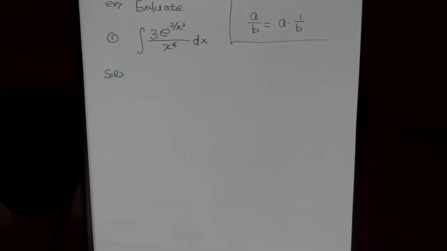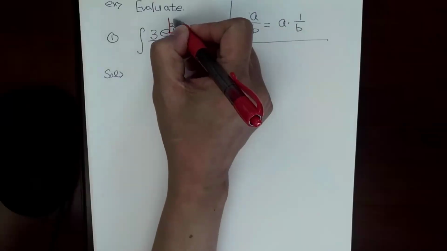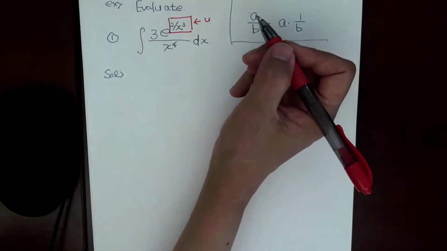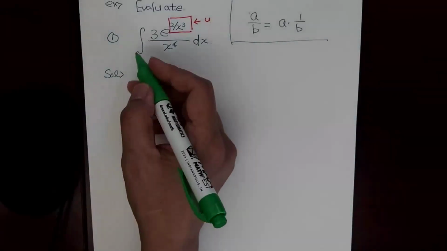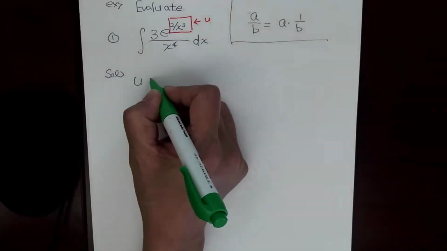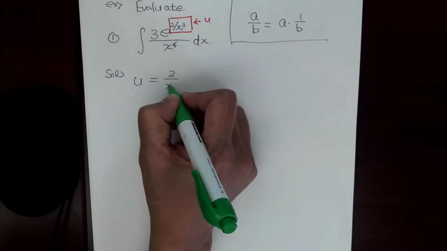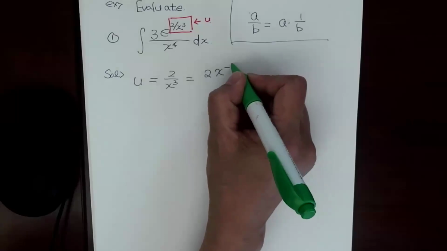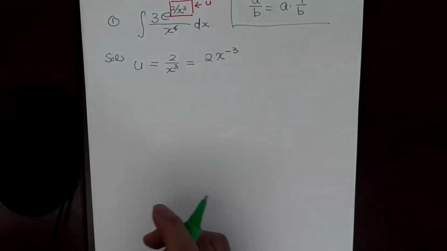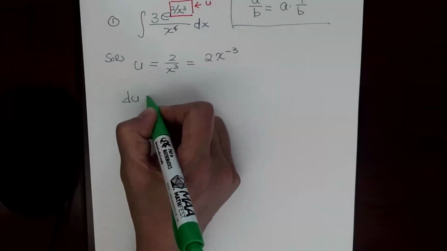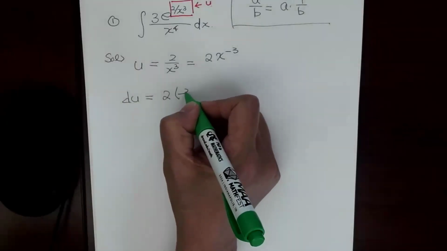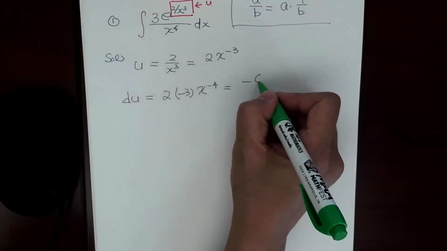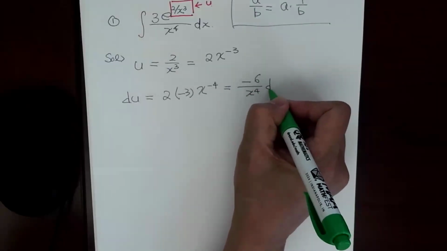So what I will do is regard this one as u. I would write u equals 2 over x cubed, then it'll be 2 times x to the minus 3 power. And when we differentiate, that'll be 2 times minus 3 x to the minus 4 power, which is minus 6 over x to the 4th power dx.